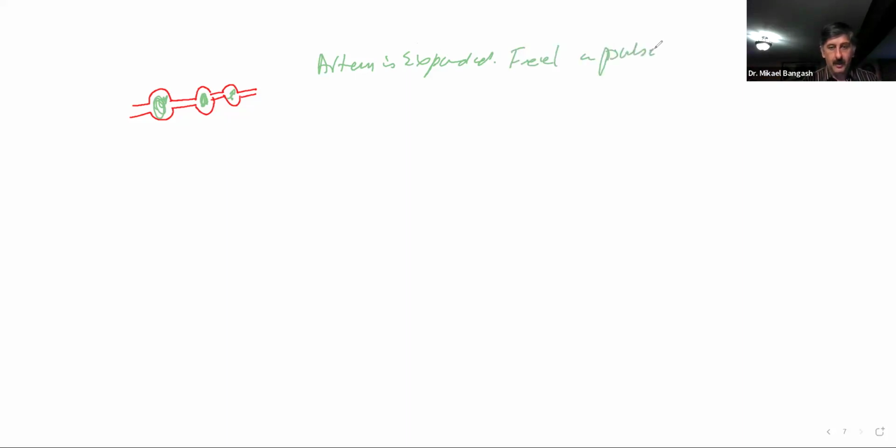What causes this part here, where the artery is expanded and we feel a pulse, and that's why this whole flow is referred to as a pulsatile flow?